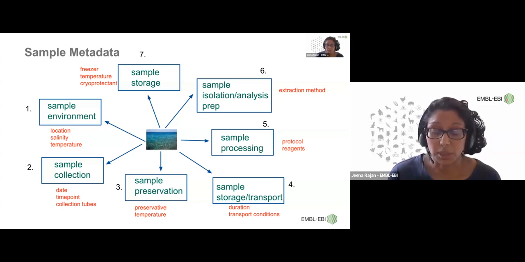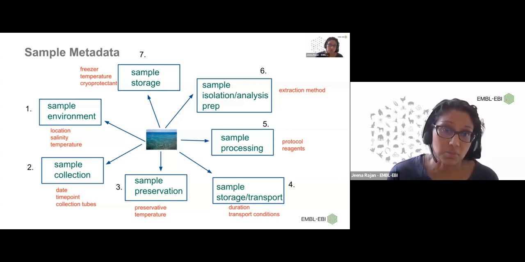Sample preservation, you might want to collect things like the preservative used, temperature, and then for sample storage and transport, the duration of that transport, because that may affect the sample, and the conditions it was transported under, the humidity, the temperature, etc. And then for sample processing, you may want to collect things like the protocol, the reagents used for sample isolation, and maybe the extraction method.